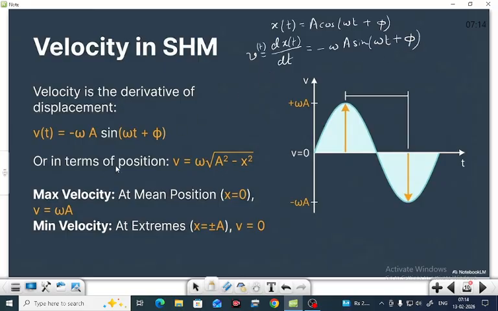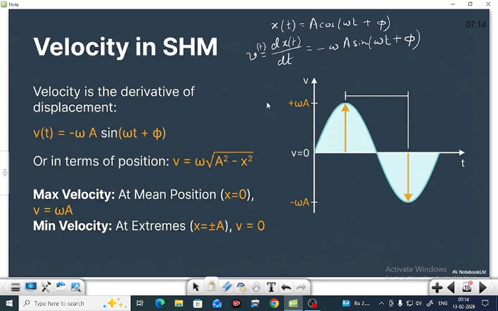In terms of position, we can find v as omega root over a square minus x square. How are we getting this value? We have minus omega a sin(omega t plus phi), which is the velocity.